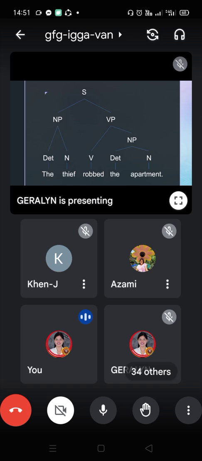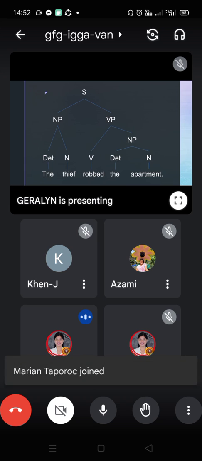So what you're going to do is just to determine what in the parts of speech does each word belong. Determiner ba siya, noun ba siya, verb, etc. And then connect them into phrases, or first identify the words and then identify the phrases para makita nato ang level sa construction or process sa construction sa sentence.